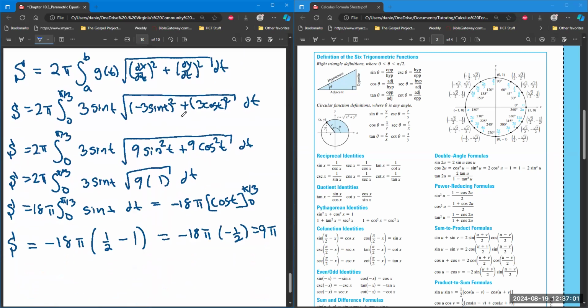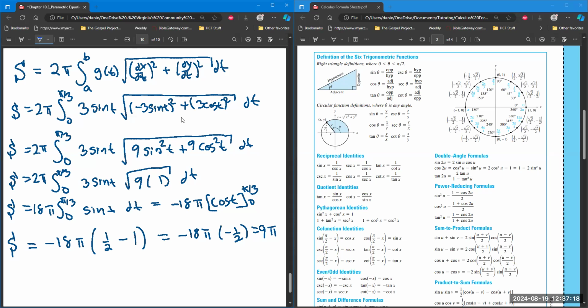I'm going to square both of these, so I get 9 sine squared plus 9 cosine squared. And I see that I can factor out my 9 and get sine squared plus cosine squared, which is just 1. 9 times 1 is 9, which has a square root of 3.